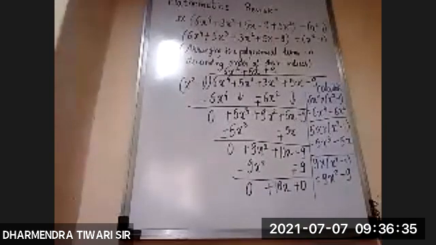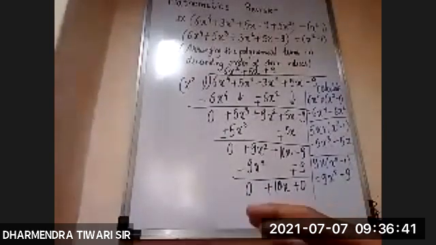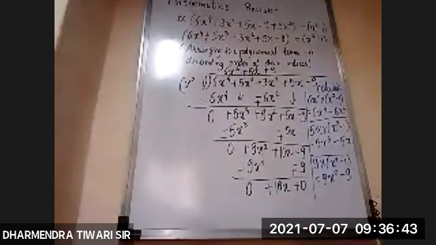So our observation is that now the degree of the remainder is less than the divisor. Further division is not possible. So this is the final.